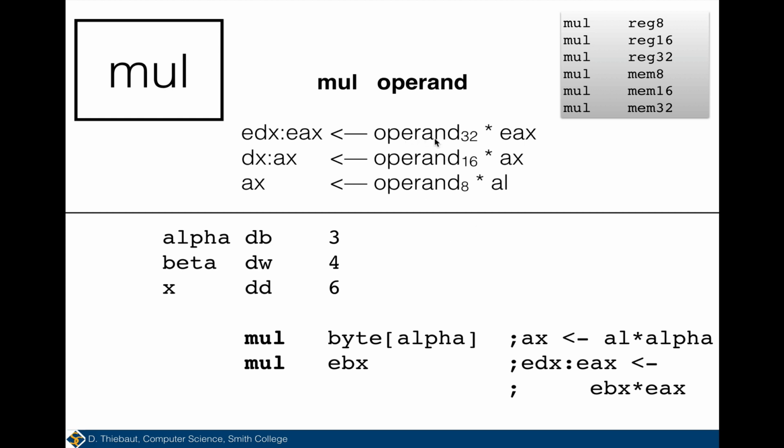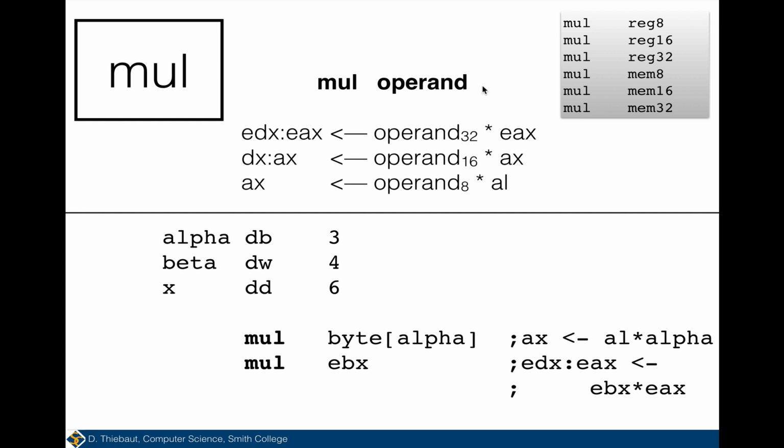If you want to multiply a 32-bit operand by something else, the something else has to be EAX. If you're multiplying two 32-bit values together, you have to put one of them in EAX. You are forced to do so. That's why the multiply instruction has only one operand, because the second one is EAX automatically.